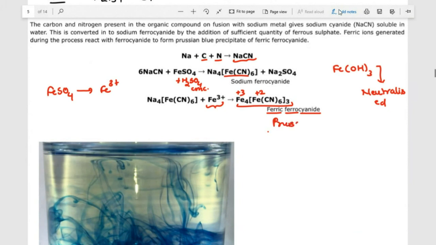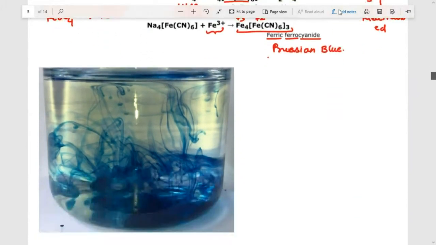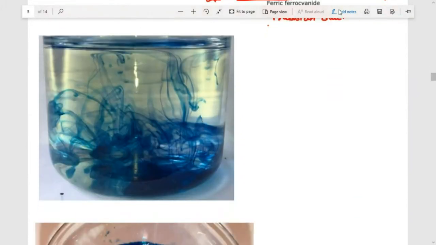Now what is Prussian blue color? Prussian blue color is a peacock blue which has a very shiny appearance. See, this is when we add our Fe2+. After some time, this is what we'll observe. This is the start of Prussian blue formation. Just started.